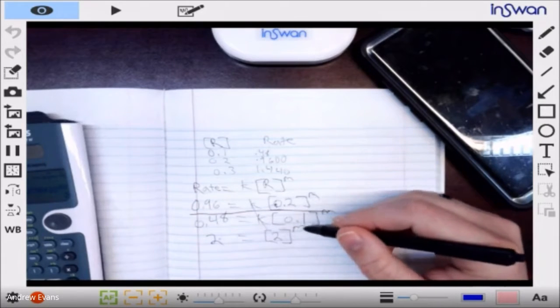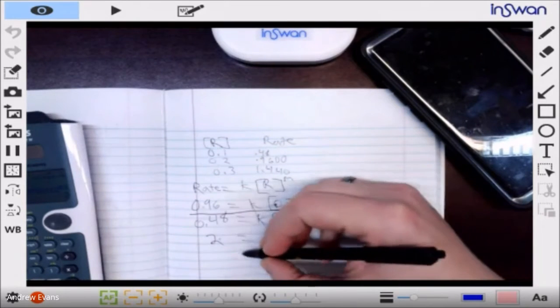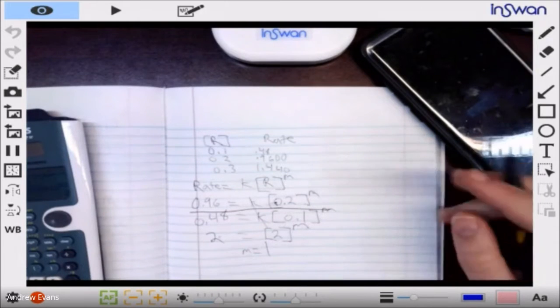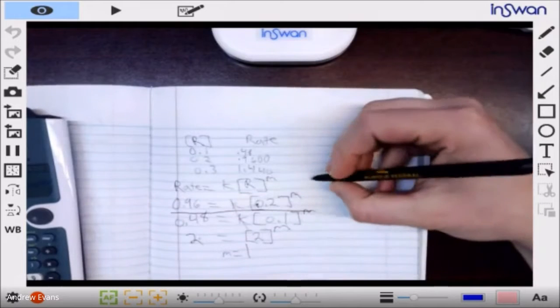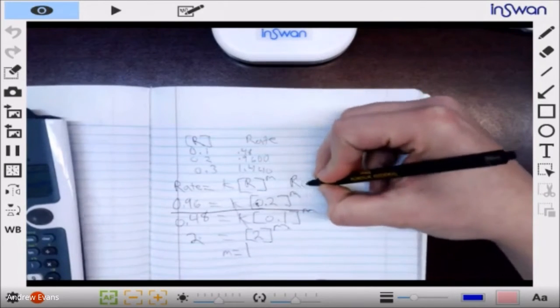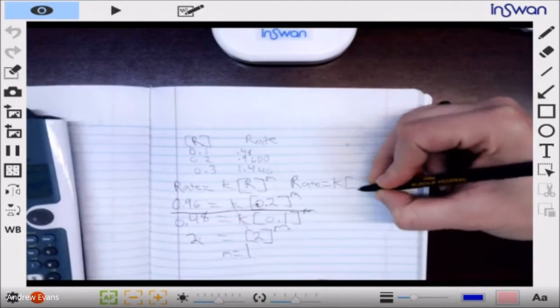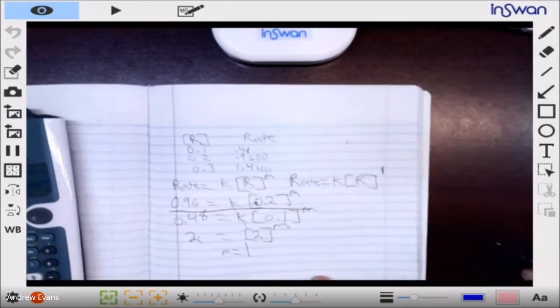If M was any other number, that would make that statement untrue. So with that in mind, going back through, we now have rate equals K, the reactant, to the first. So we have a generalized rate law.